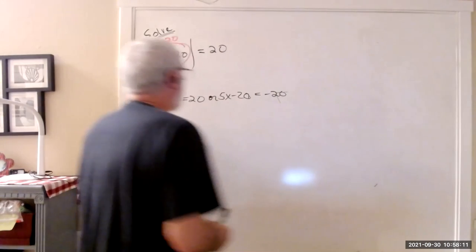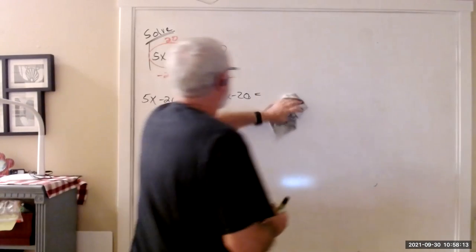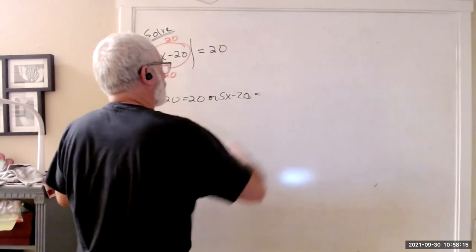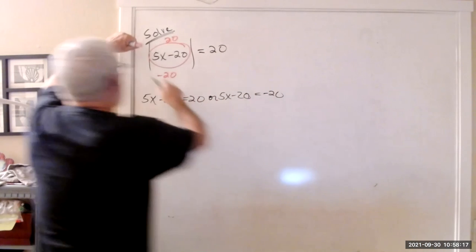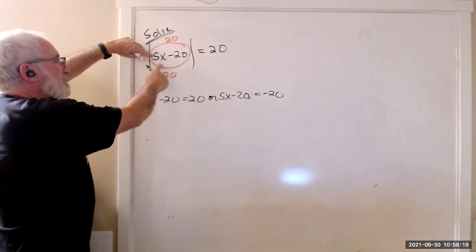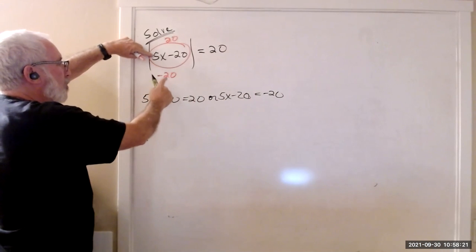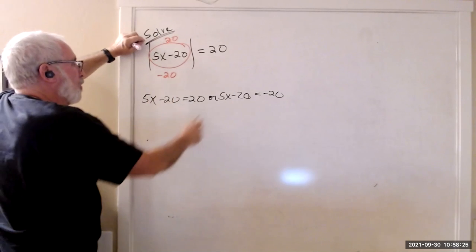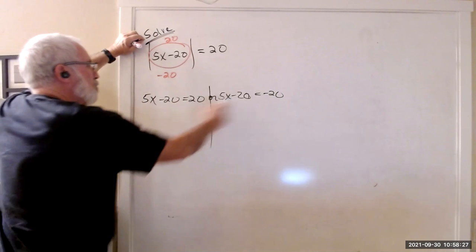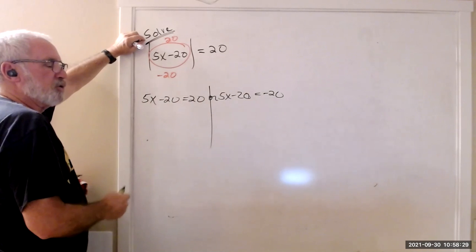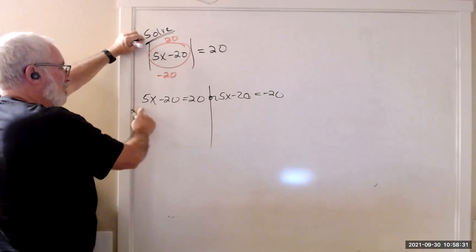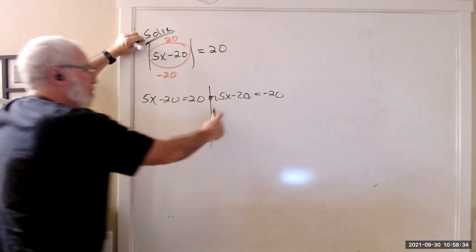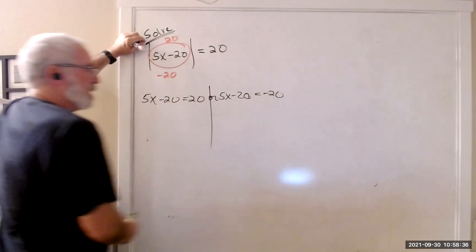The junk inside, 5x minus 20, could have been worth either negative 20 or positive 20. We don't know, so we have to write 2 different problems to take that into account. The junk inside is worth 20, or the junk inside is worth negative 20.